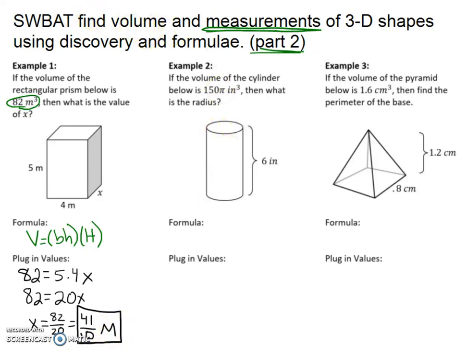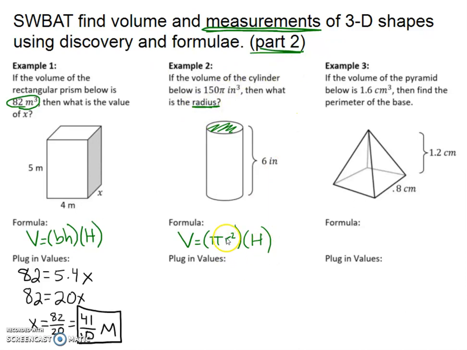Next example is a cylinder. This is a parallel solid with a circular base. So that means my formula is V is equal to pi r squared, that's the area of the base, times the height of the whole thing, which is h. In this case, they're asking us what the radius is.